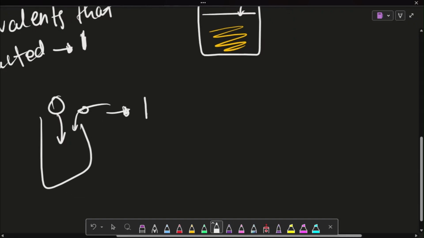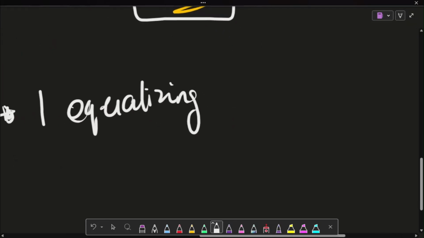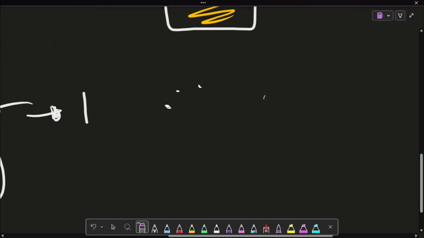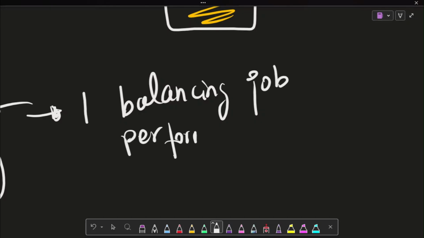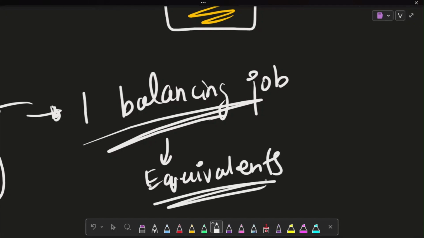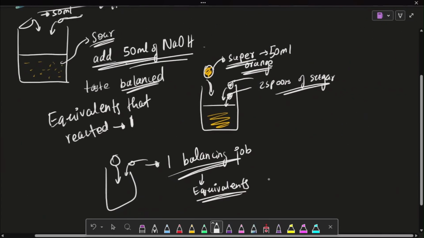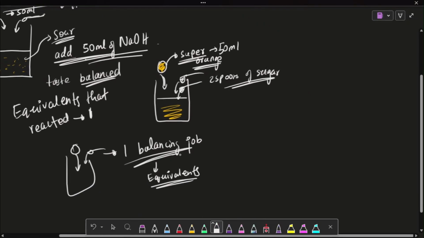So one balancing job performed by you, just one balancing job, is nothing but the equivalence. It's kind of hard to understand at the start, but I think this analogy will help you understand pretty well.